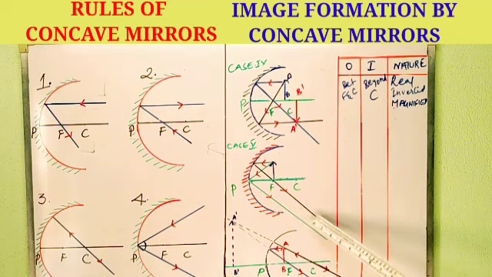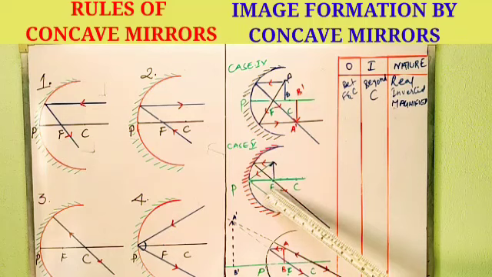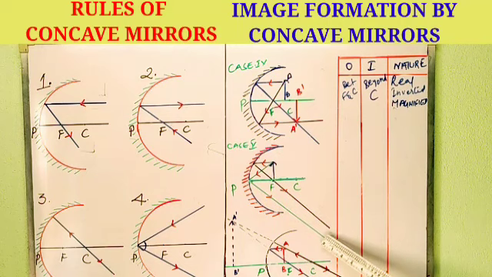But these two reflected rays are not meeting. If you observe the distance between both the reflected rays, here it is more and here it is less. It means if you extend these reflected rays, they are going to meet at a point somewhere else.